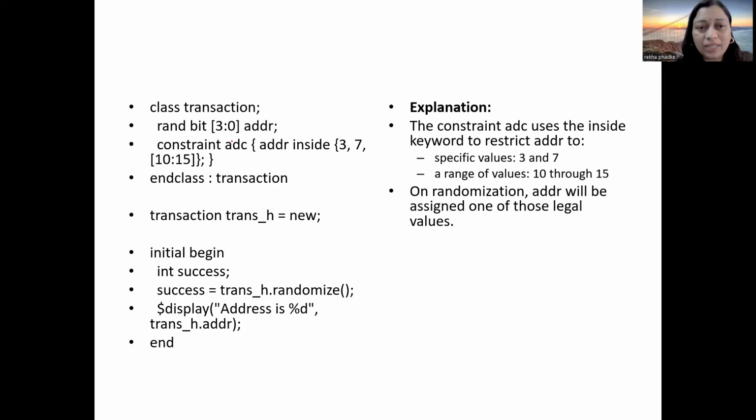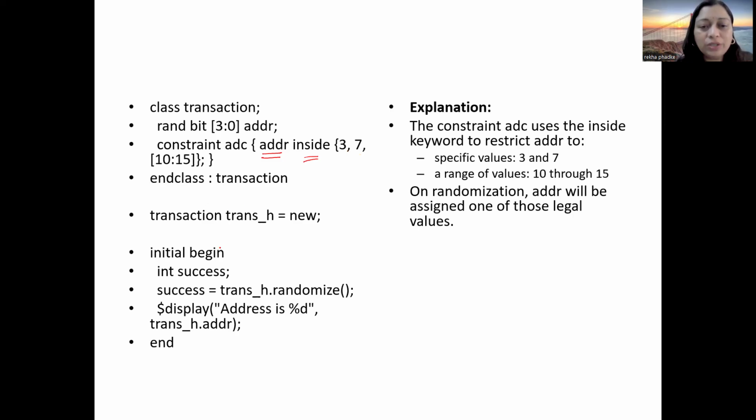ADC is the name of the constraint, and it's constraining the variable ADDR. So what is the constraint it's giving on ADDR? It has to be inside either 3 or 7, or any value between 10 to 15, 10 through 15. So this is the condition. Inside is the keyword whenever you're using set membership.